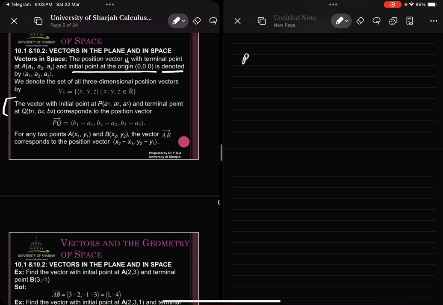So if we have vector P with A1, A2, A3, and Q with B1, B2, B3, we can find the position vector PQ.